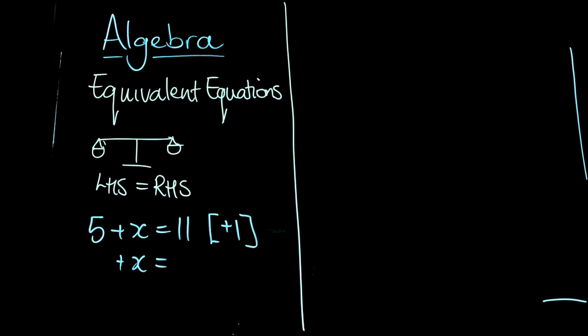We've got the equal sign there, and our focus has to be on the 5, and we're going to change that from a 5 to a 6. It's told us in the square brackets to add 1, so that's 6 plus x on the left-hand side. That's our new equation, and over here we're going from 11 to 12.